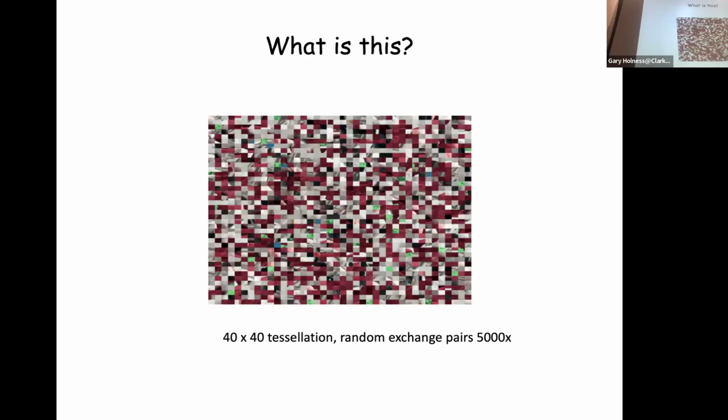I can neither confirm nor deny. What's happening is that you're all hallucinating what you think it is, right? What I've done is destroy the relationships among patches of this image.